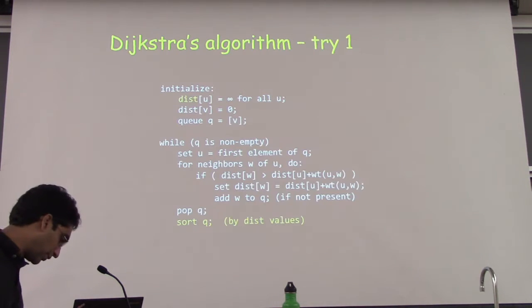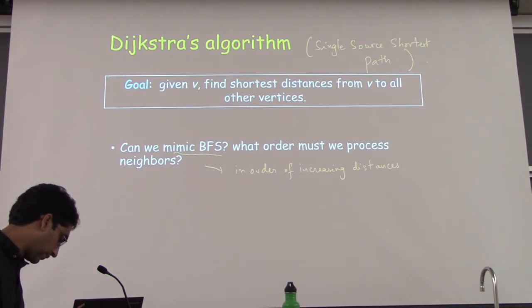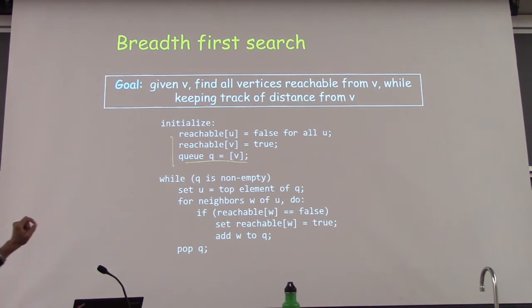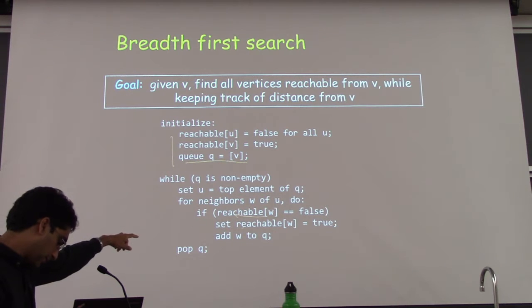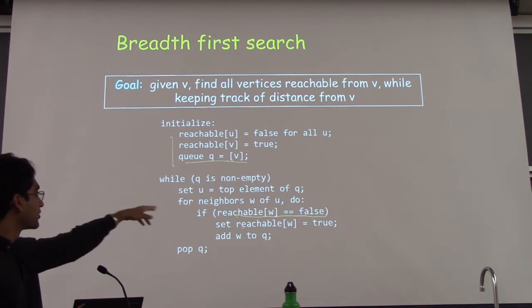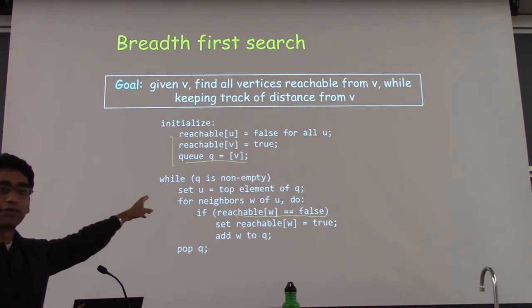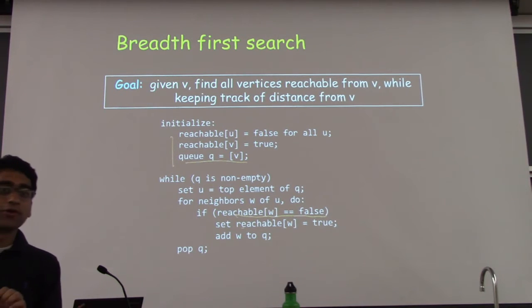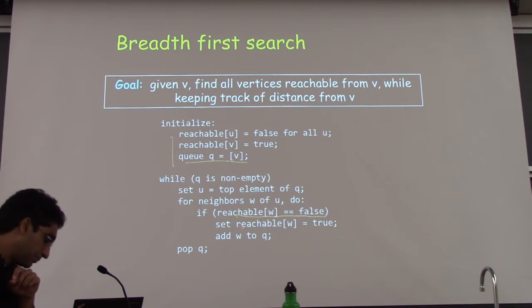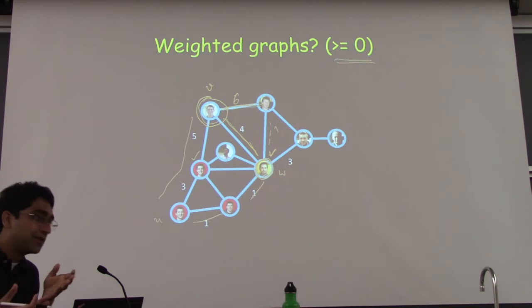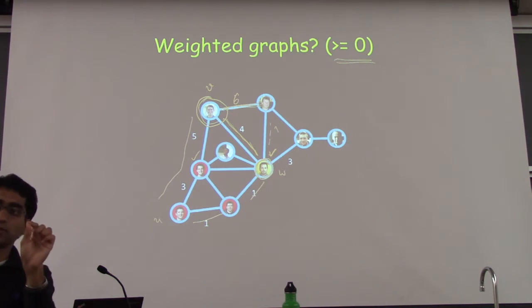If you remember the code here, if reachable was not false, then you did nothing with that vertex, right? Here you can't afford to do that, because even though you have reached a vertex, maybe you haven't reached it using the shortest path.